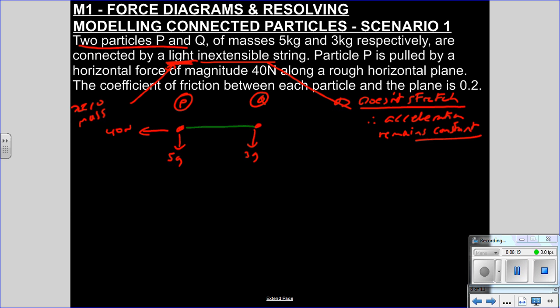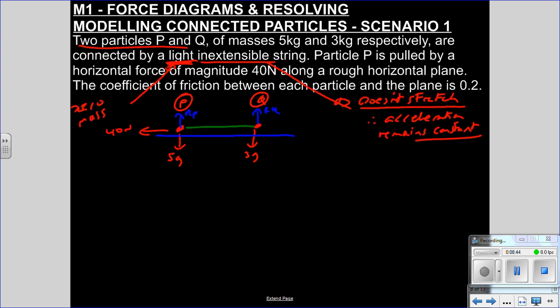And let's think about that string. And we're thinking about that in a sec. Particle P is pulled by a horizontal force of 40 along a rough horizontal plane. So a rough floor, which therefore means you've got a normal reaction at P and a normal reaction at Q. That's why I'm calling it RP and RQ subscript, because they're not going to have the same normal reaction.